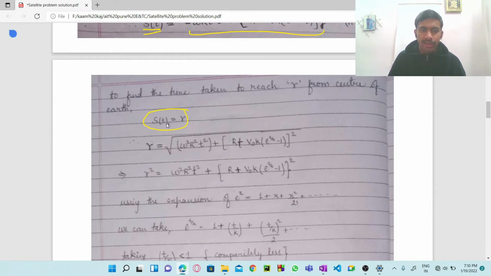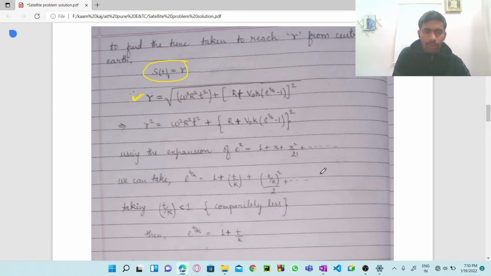I'm taking t1 here because I'm considering that time t1 is taken for one part of the journey, and next time t2 is taken for the next part. By taking the modulus of s of t, I can write this equal to r, and with the help of that I would get the equation for t1.